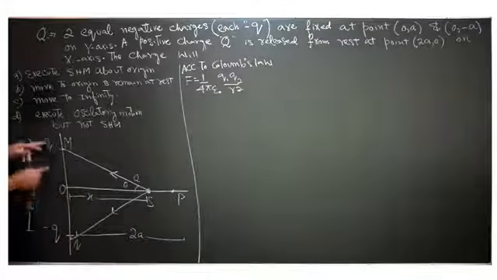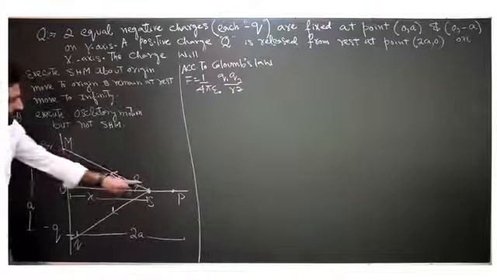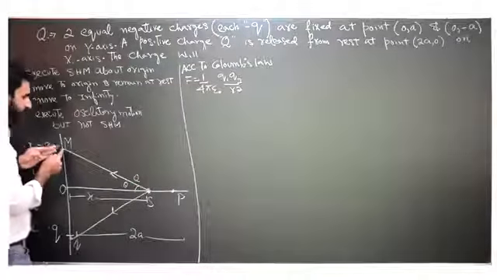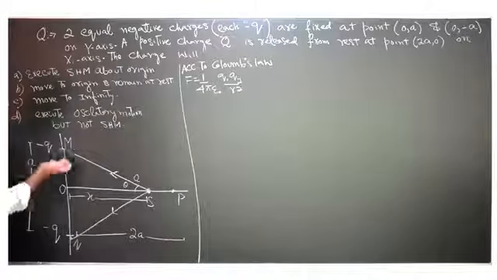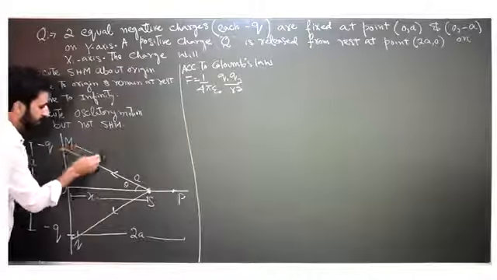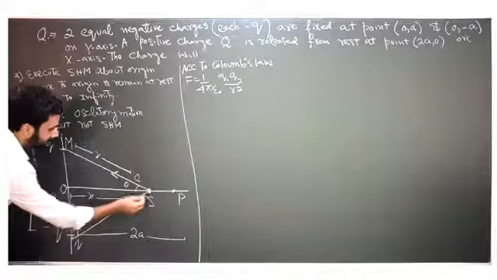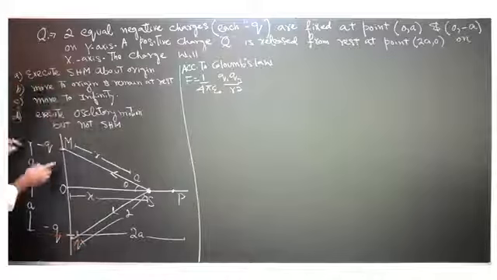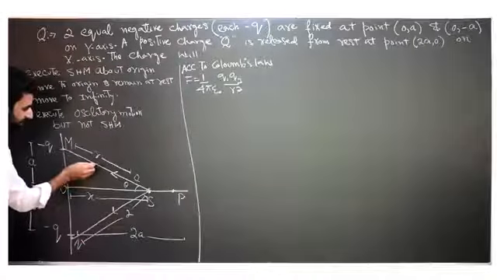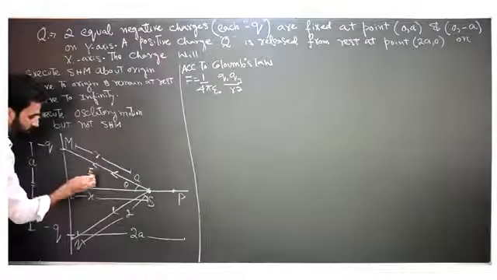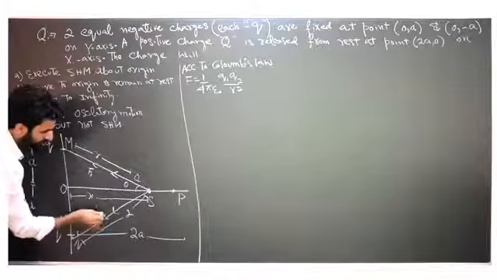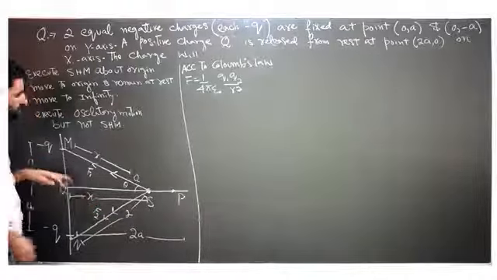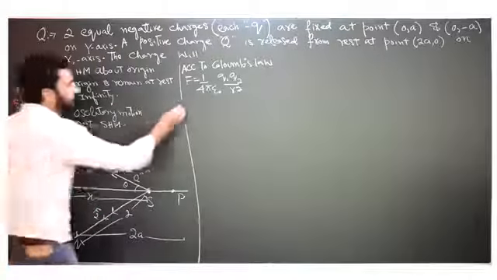So in our case, one charge is minus q, the other charge is plus capital Q, and the distance between the two charges, let's call this distance R. This distance is R. This distance is R. In both cases, let's call force due to this charge F1, force due to this charge F2. Suppose let's calculate F1.